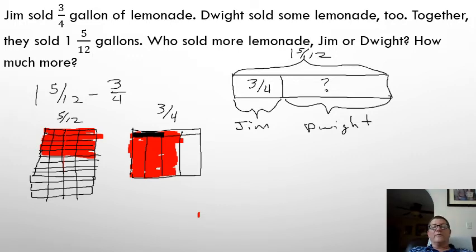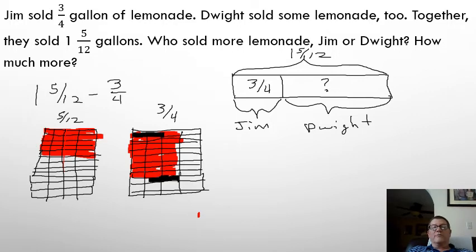There's 1, 2, 3, 4, 5, 6, 7, 8, 9, 10, 11, 12. So it gets difficult once you're getting to these large denominators like this. Oh no, keep forgetting to switch color when I'm filling them in.